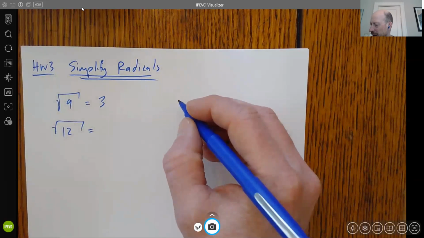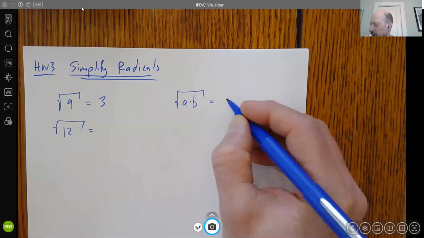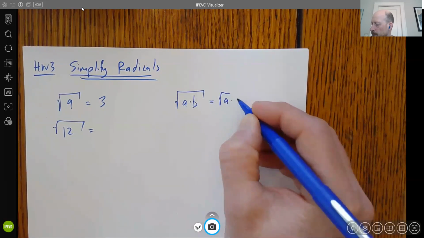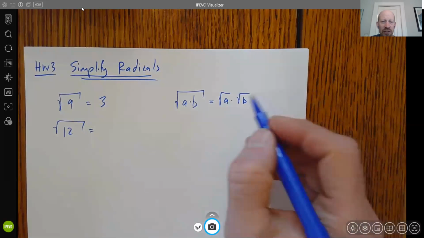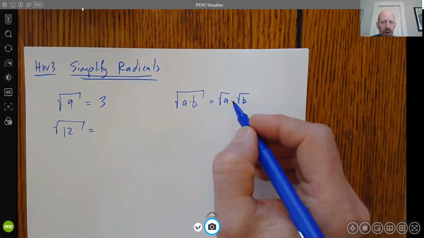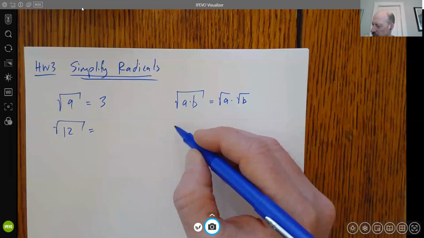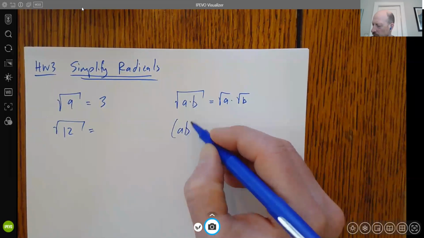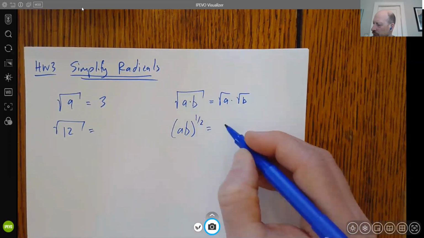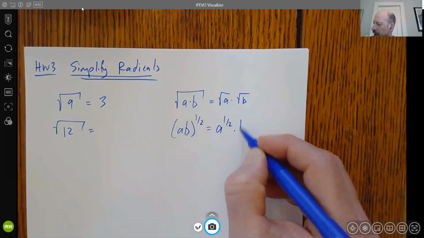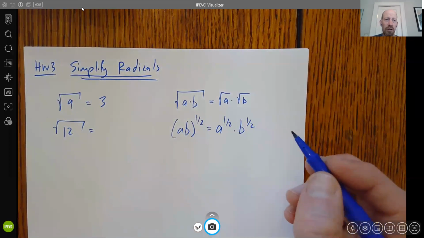And the strategy for that is to recognize that if I take a square root of a times b, I can rewrite that by taking the square root of each of those pieces separately. And this is really actually a result of radicals. I'm sorry, of rational exponents, right? ab to the 1/2 is a to the 1/2 times b to the 1/2, right?